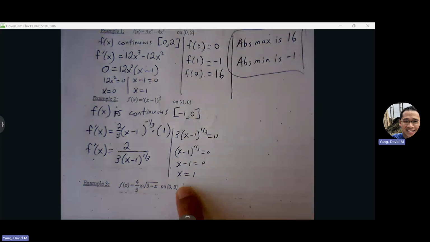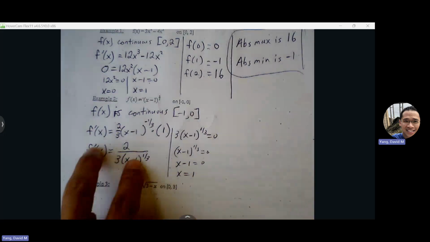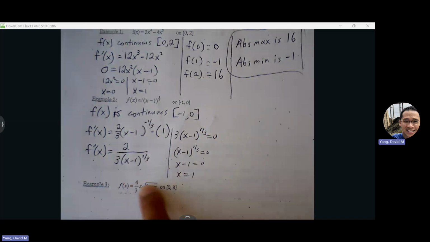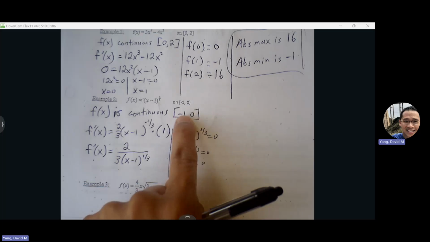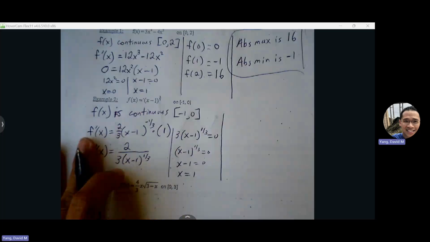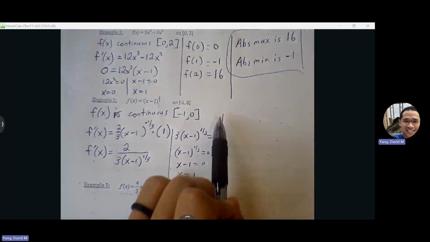So if something is outside the endpoints, then that means it's okay if we don't find any additional critical points. It may be possible that we're only testing endpoints, because if there's no critical points, at least we looked for it, but if we don't find any, then we know that these are the only candidates for max and mins. So don't feel like you're doing something wrong if you can't find any critical points. You can still go through extreme value theorem.